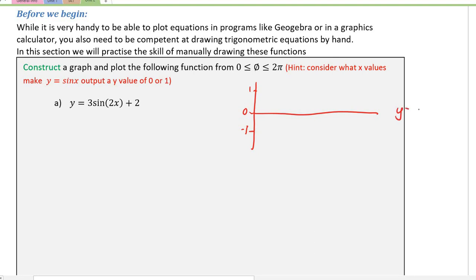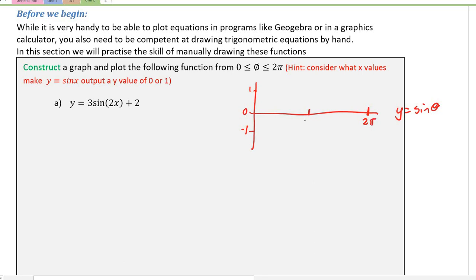So this is y equals sine theta. How long does it take sine theta to repeat the pattern? It repeats forever, but how long does it take to do a full circle? Which is how many radians? 2 pi. So what I do, guys, at the end of my graph, 2 pi.